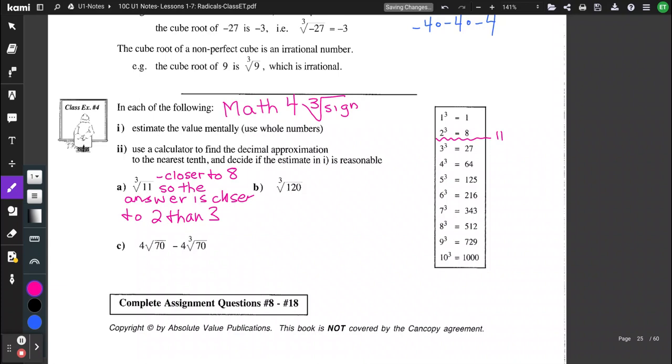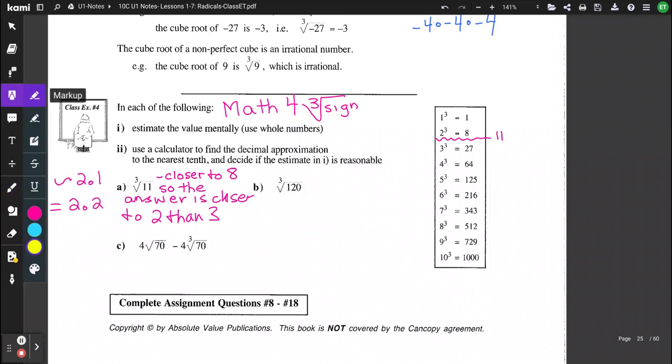So now if I figure it out, we're going to get an actual answer of 2.2. So if we guessed approximately 2.1 and the actual answer is around 2.2, we did a reasonable job of estimating. The actual answer is 2.2 when it's rounded, of course, because these will always be run-on decimals.